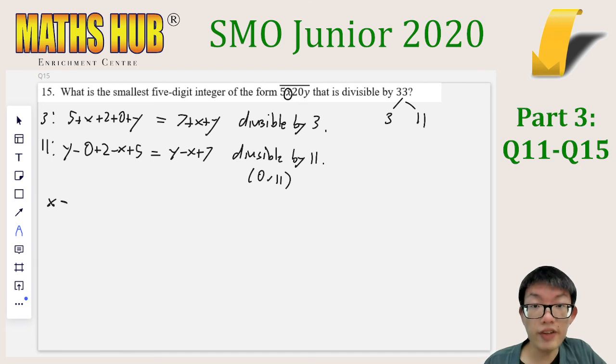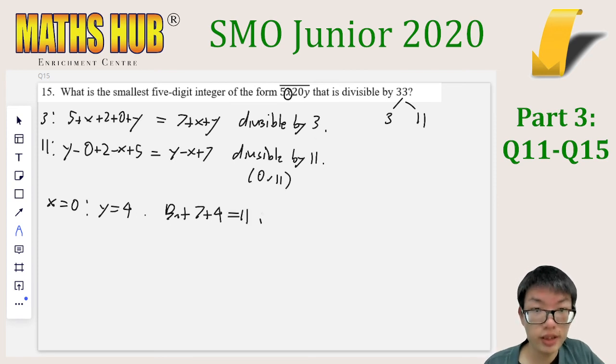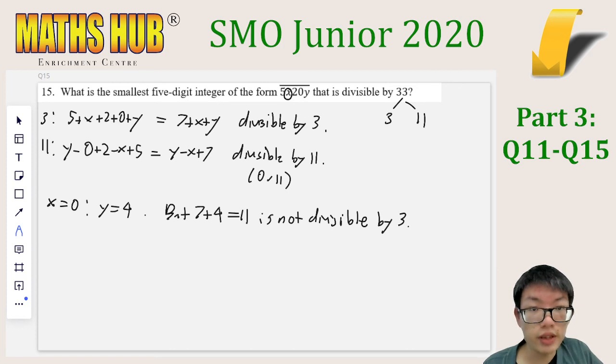So let's try. If x equals 0, then y plus 7 is divisible by 11. That means y must be 4. But 7 plus x plus y, which is 7 plus 4, is 11. That's not divisible by 3. Okay, so we can continue and try x equals 1.